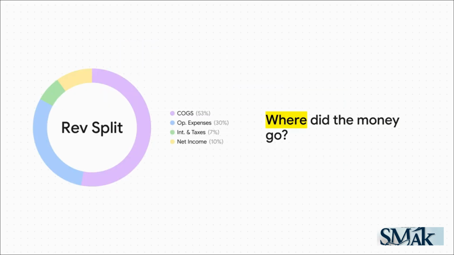To really put that into perspective, out of every single dollar XYZ brought in, where did it actually go? Well, COGS ate up a whopping 53%. Operating expenses swallowed another 30%, and interest and taxes claimed 7%. So that massive revenue pot was just sliced up mercilessly, leaving them with only a tiny 10% sliver at the very end.